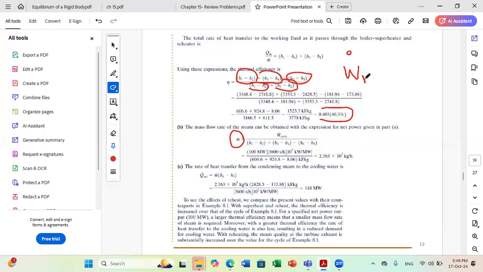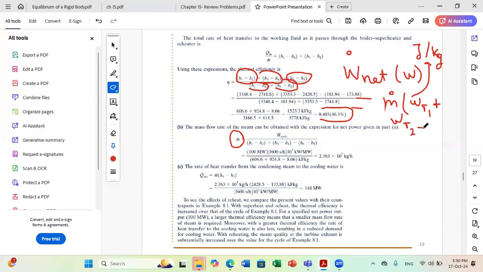Since we know that W dot net is equal to the mass flow rate M dot times small w, per unit mass, which in joule per kilogram is delta H, so M dot times small w turbine 1, plus small w turbine 2, minus small w pump.